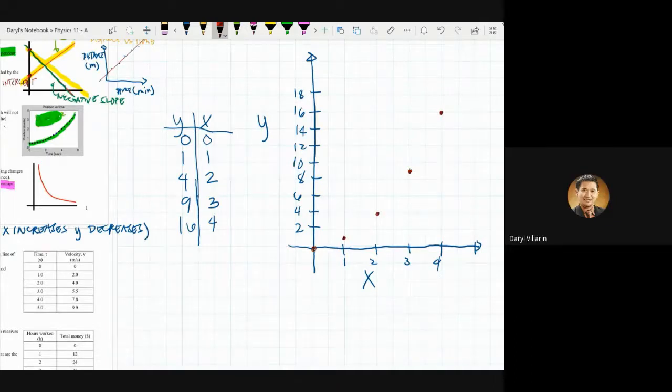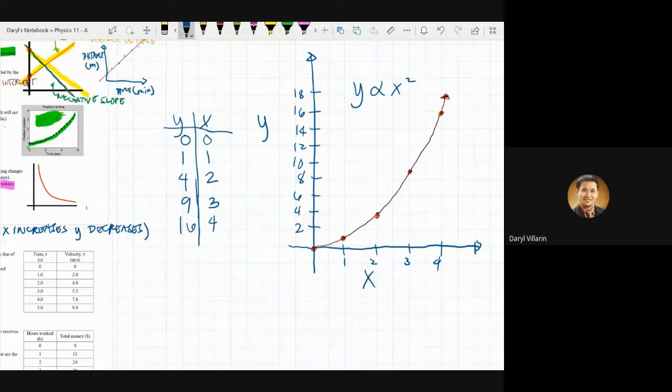So therefore, this is a quadratic function. Okay, so a parabola, actually half of the parabola. So we say that for this function here, y is directly proportional to the square of x, right?